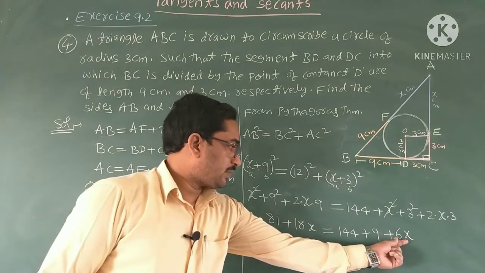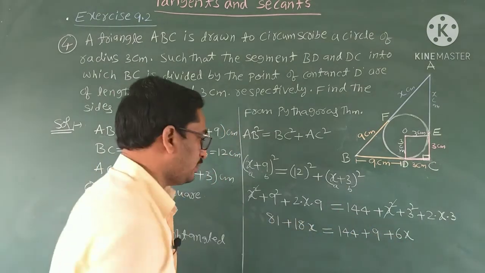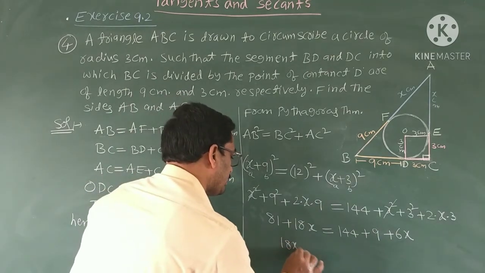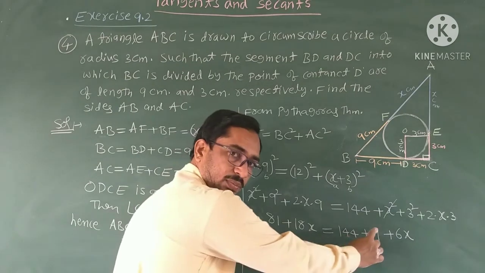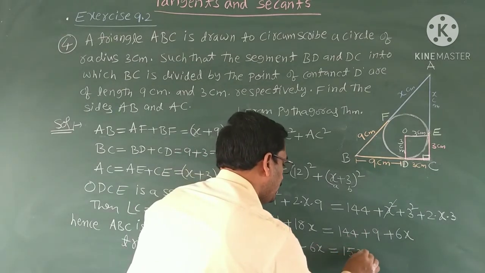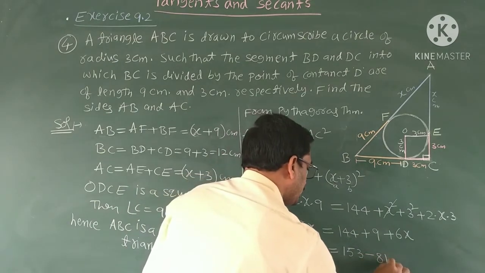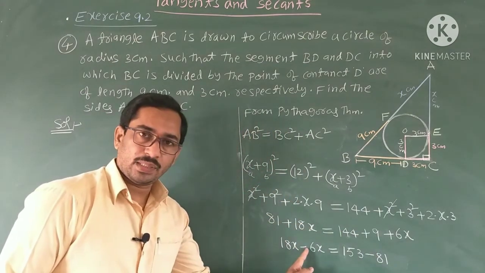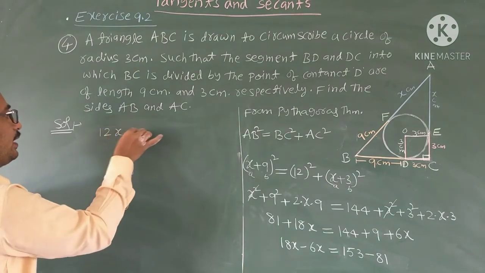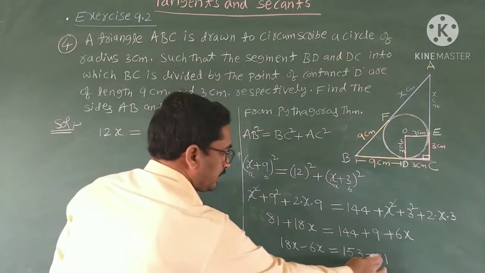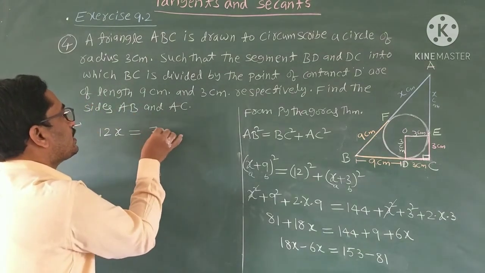Now bring 6x to the left side, transpose 81 to the right side. So 18x minus 6x equal to 144 plus 9 is 153 minus 81. 18x minus 6x value 12x equal to 153 minus 81. 153 minus 81 value 72.